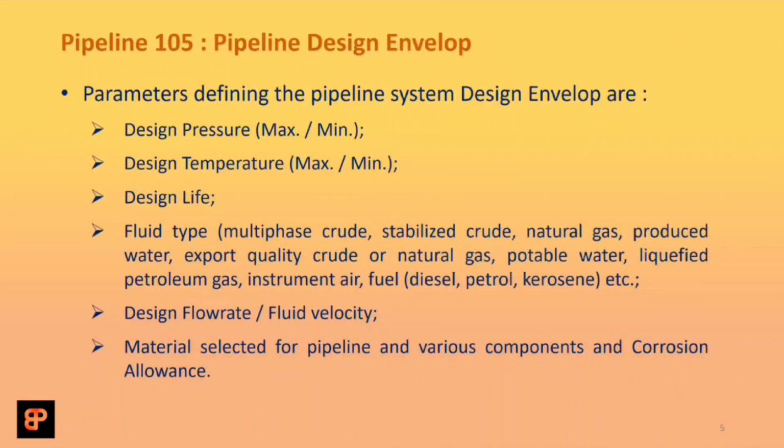We are going to see the details of the different materials, and obviously the fluid that is going to be transported through the pipeline and treated in the facility will have a corrosive nature, or other detrimental effects can be there, and accordingly we have to decide the corrosion allowance, and we have to select the material suitable to those properties of the fluids.